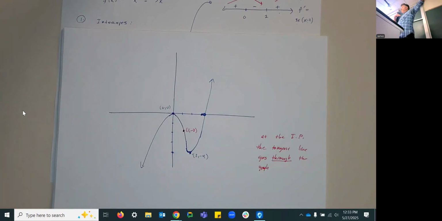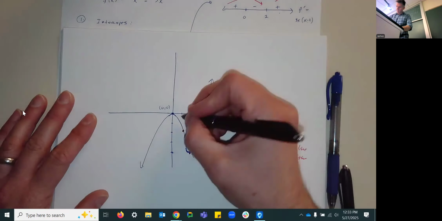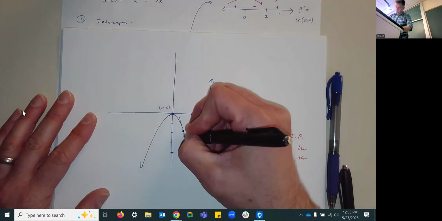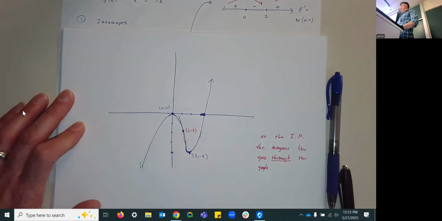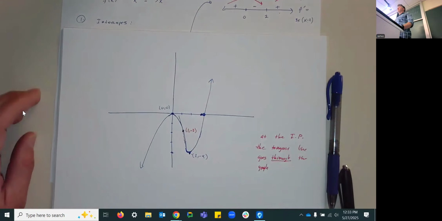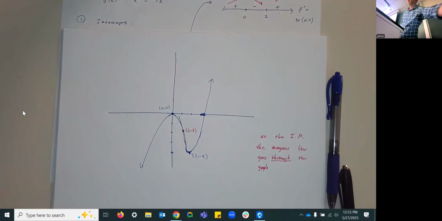On the other side, it's concave up, where the tangent line should be below the graph. So if you tried to draw a tangent line right there, it would be on top over here and below over here, although I've not drawn that very well, so it's not very easy to see that that's happening the way I've drawn it. But that's something that I usually think about when I'm thinking about my inflection point. It's where you have a tangent line that goes through the graph.